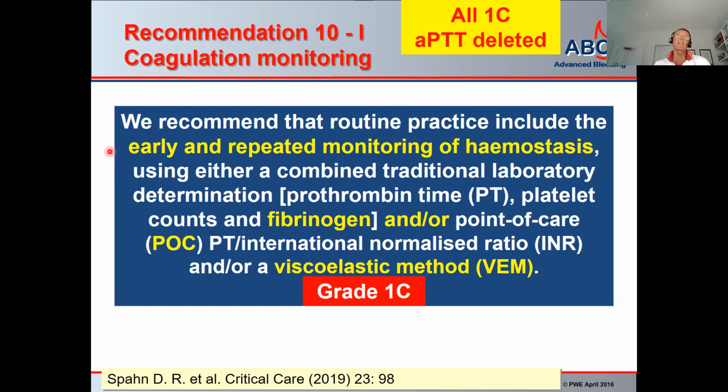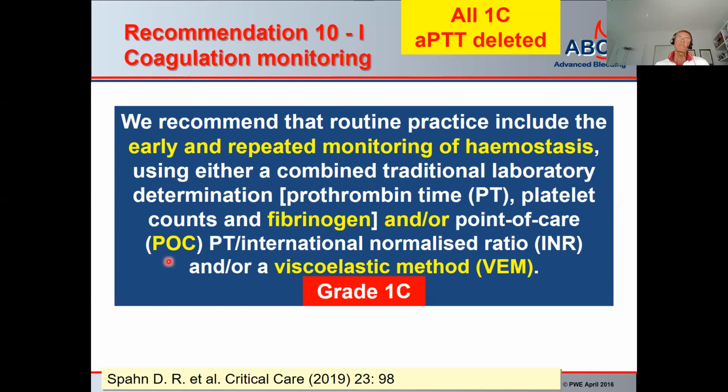As soon as the patient enters the trauma bay, coagulation must be evaluated, and this can be done either in the lab, where it's very important to measure fibrinogen, or by point-of-care testing with viscoelastic methods, rotational thromboelastometry or thromboelastography. Either can be used quite successfully, or you can combine them. We come back to that.